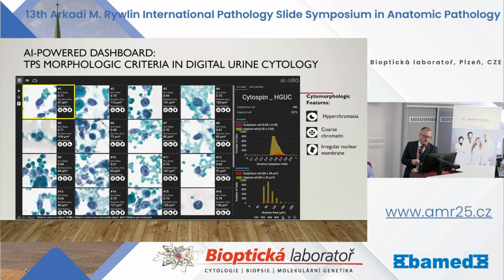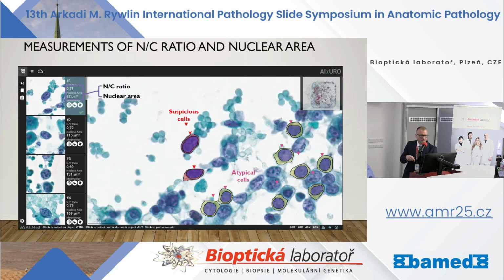You get the cytomorphologic features on every single cell. So the hyperchromasia, membrane, coarse chromatin, and so on, everything is presented with every cell. And if you click on that cell, you get transported in the slide. You see the cell with everything around it, and you can even highlight the cytoplasm and so on.